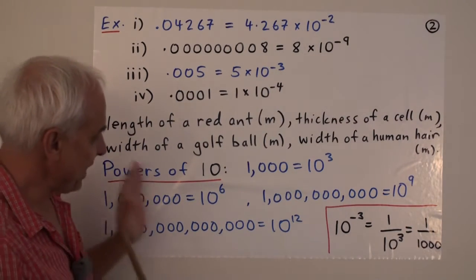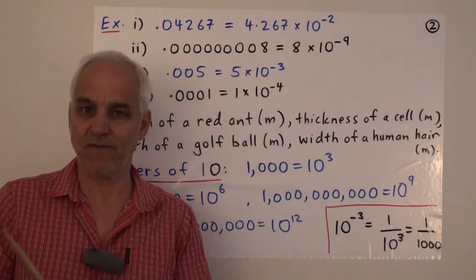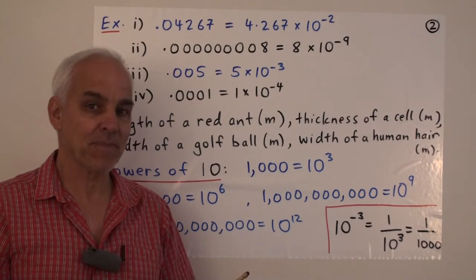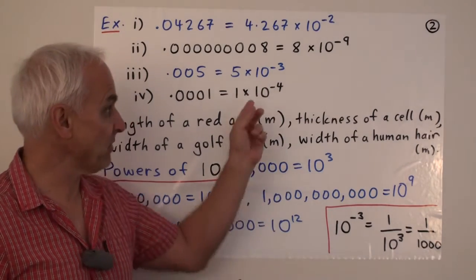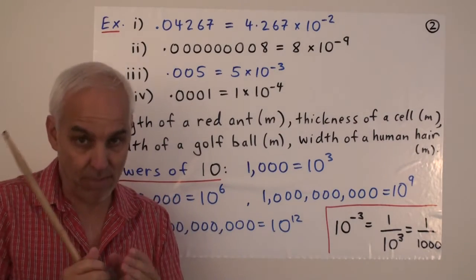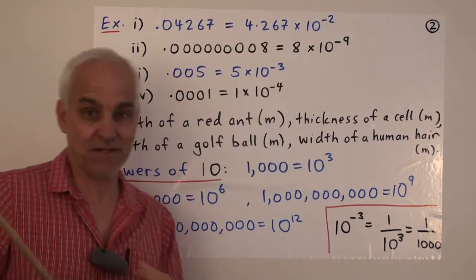Alright, so obviously we are going to be using powers of 10 a lot with scientific notation, because that's the common feature of all the examples. Very big numbers have powers of 10 to a big positive exponent. Very small numbers are represented by powers of 10 with negative exponents.